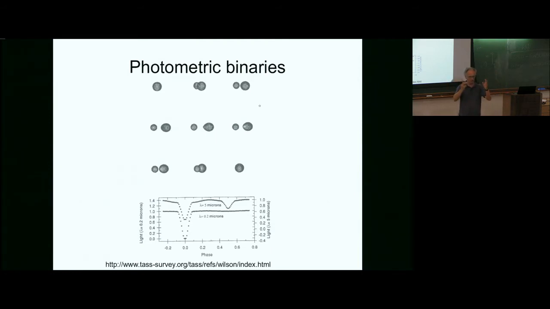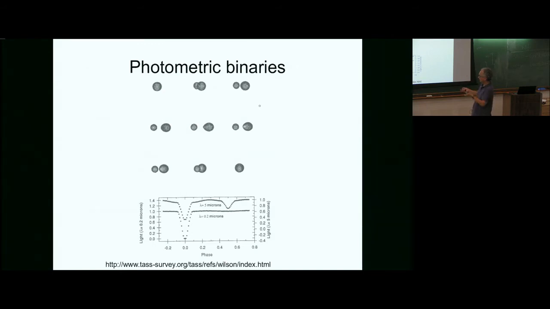Another variation that you can see here is that if the stars are close to one another, they will be tidally distorted, and because of that they are not spherical anymore. At any given moment, you see the projection of the shape of the star onto the direction to the observer, and therefore you have variations of the shape of the light curve because you just see different amounts of area of the star.